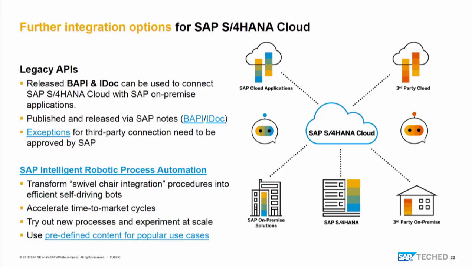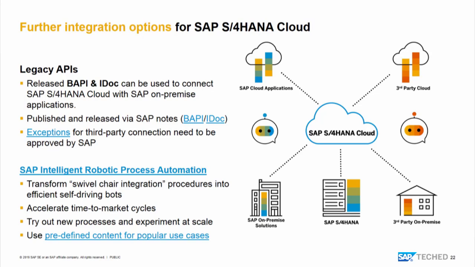So wherever we do not yet have an API available, but we have a UI available for S/4HANA Cloud, you can use this IRPA, this Intelligent Robotic Process Automation, and make integration happen anyway. So this is basically a mitigation way.